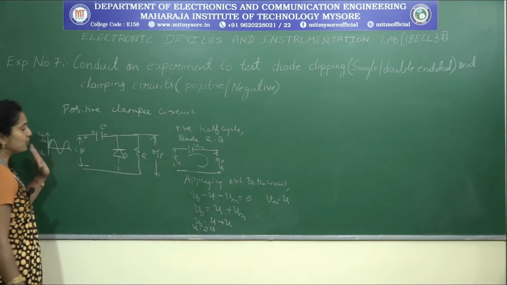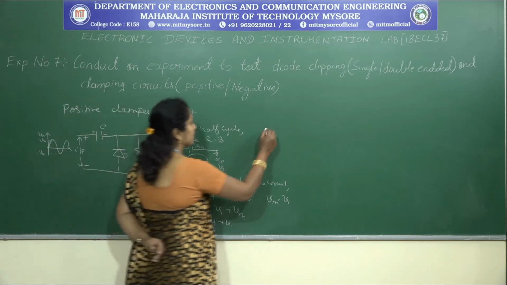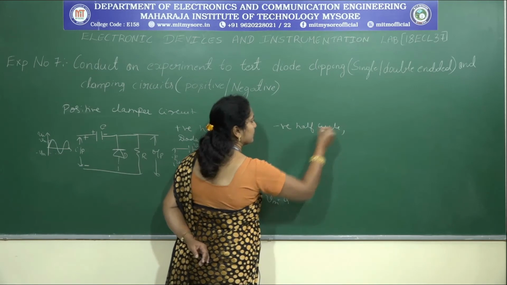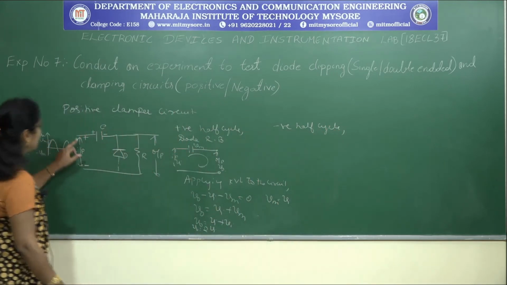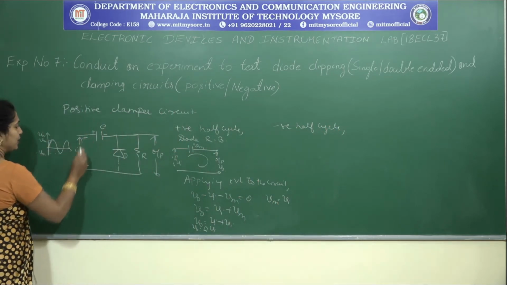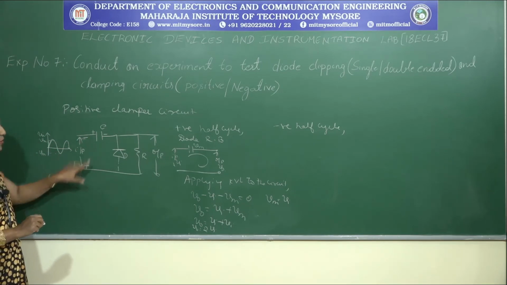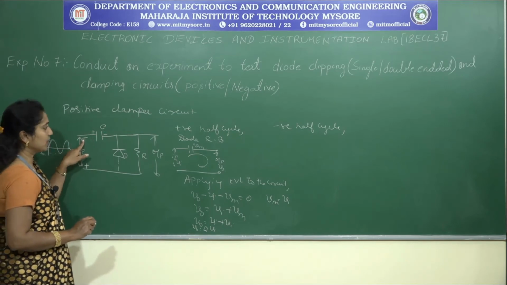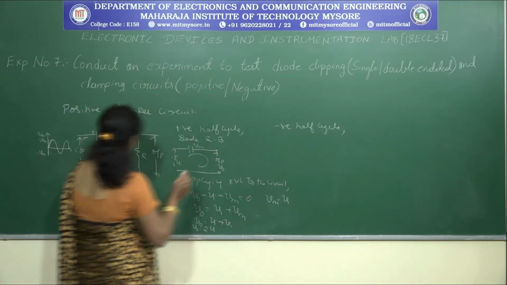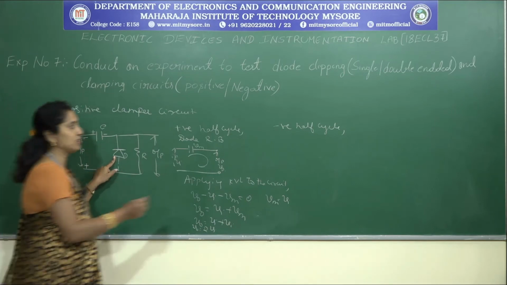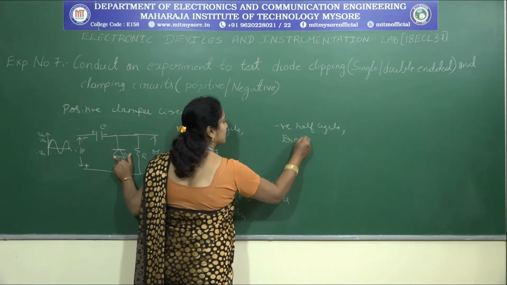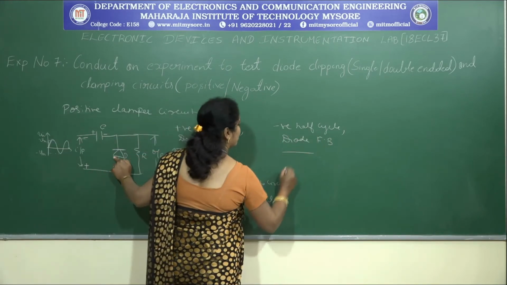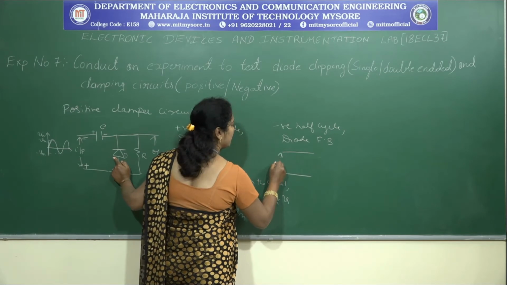Now for the negative half cycle, how is it going to apply? So for the negative half cycle, this end should be negative and this end should be positive, but the capacitor polarity will be the same. So in the negative half cycle, the diode will be in forward bias, and the circuit will look like this.